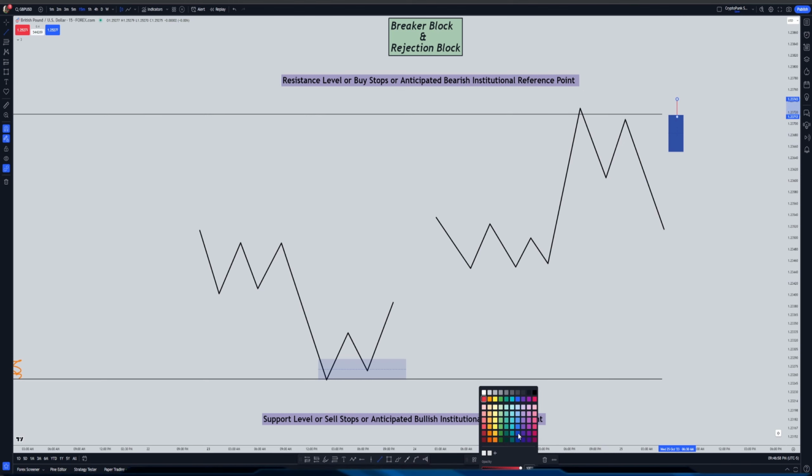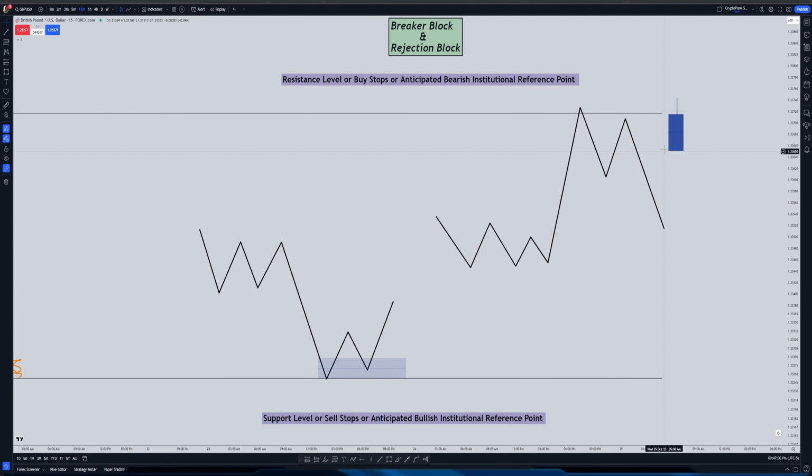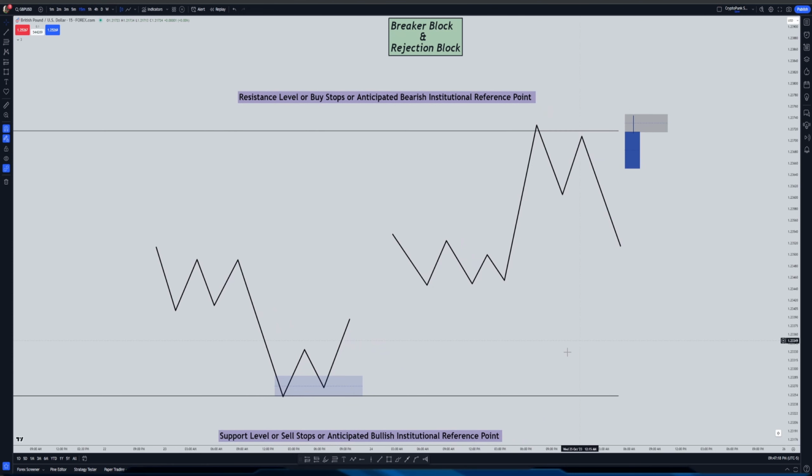Price created that high, so this specific area is your bearish rejection block, and what you want to see here is price from a certain low, maybe trading towards that, inside of that zone, not going above that high and creating a new high. It reacts from there and comes aggressively lower.